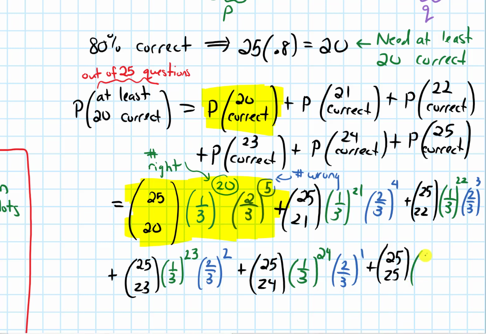We would have 1/3 to the 25. That's the probability of any outcome of getting 25 problems all right. But I don't have to write any of these 2/3, because if we got 25 problems correct, that means we got none wrong. So we don't even need to bother writing something for the ones that we got wrong.